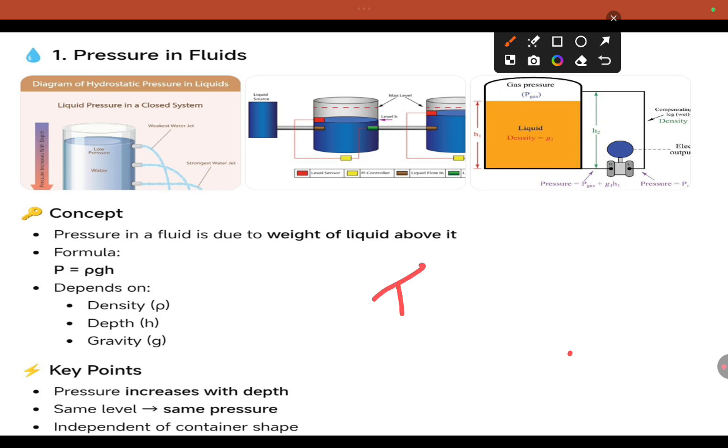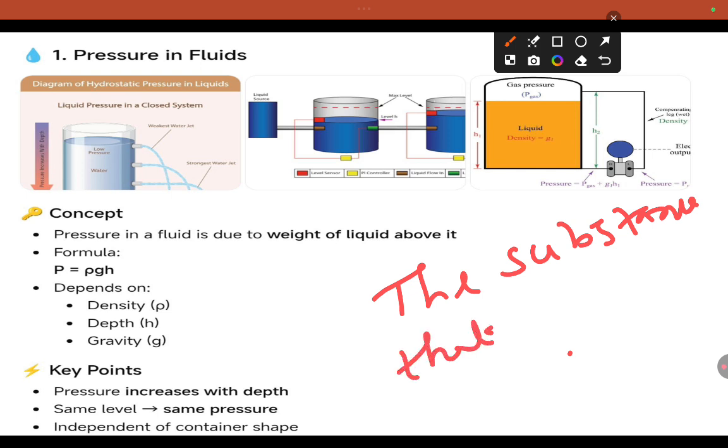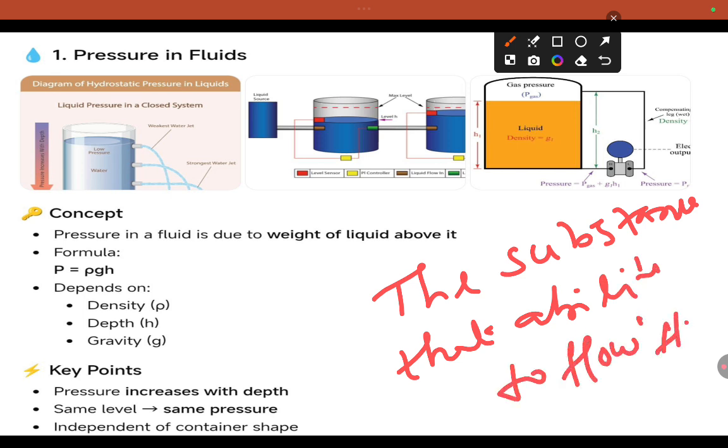The substance that has the ability to flow is known as fluid. An example is what? You can take liquids and gases. Their character must be the ability to flow. So that is fluid.